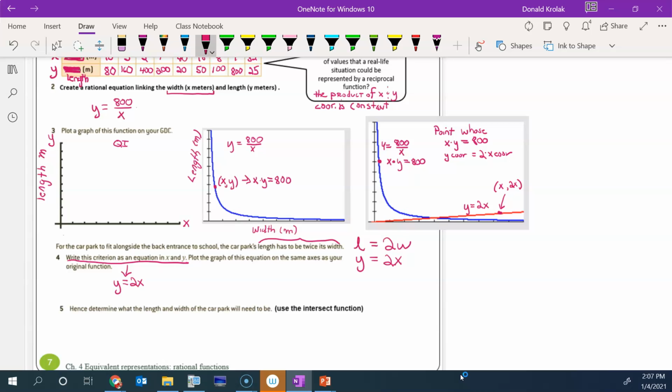Where would I find that special point that satisfies both of those? If it's on the blue, it satisfies the top one. If it's on the red, it satisfies the bottom one. So where do I find the one that satisfies both? Yeah, the intersection.